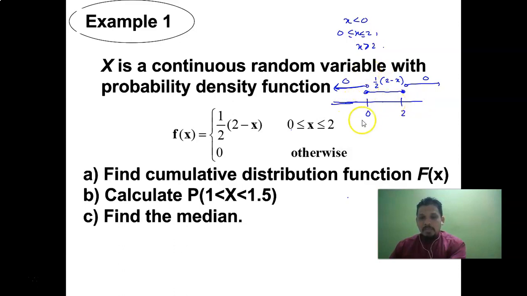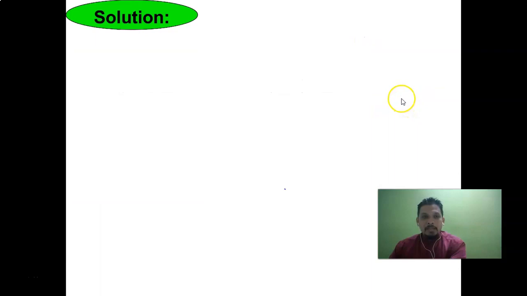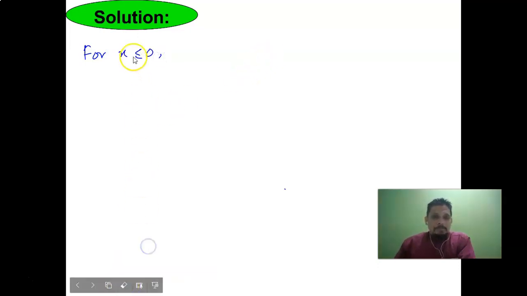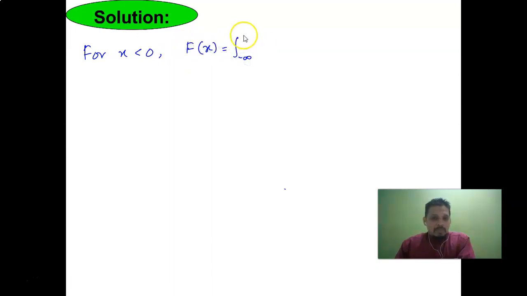The first one, for x less than 0, F(x) equals the integral from negative infinity until x of the function, which is 0, with respect to t. So this one will give you 0.